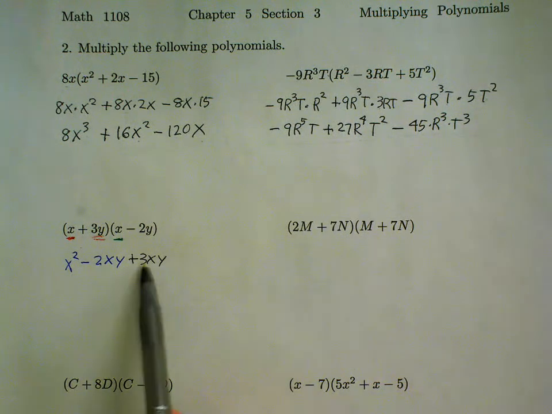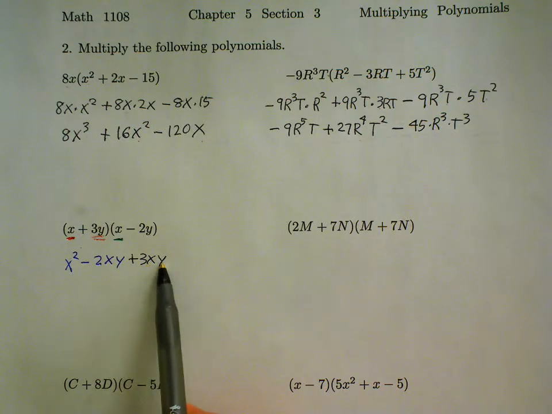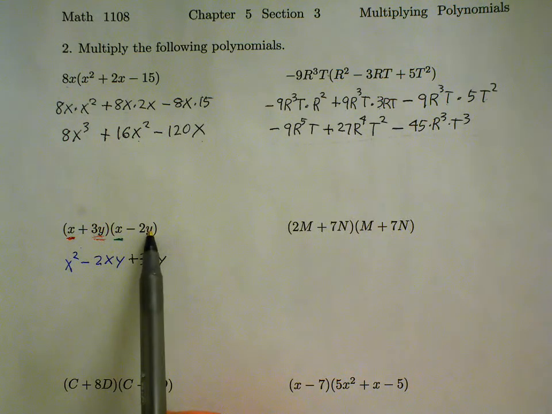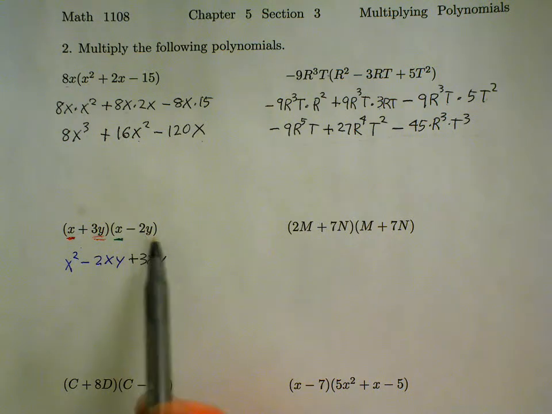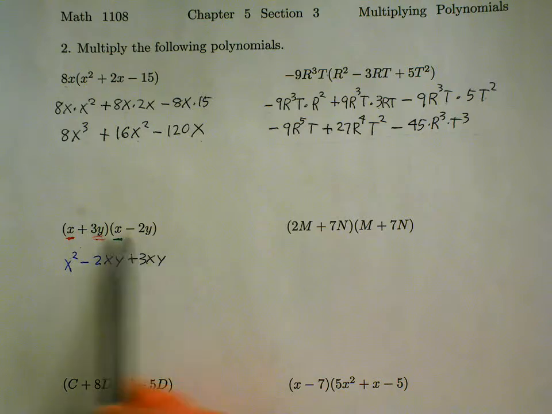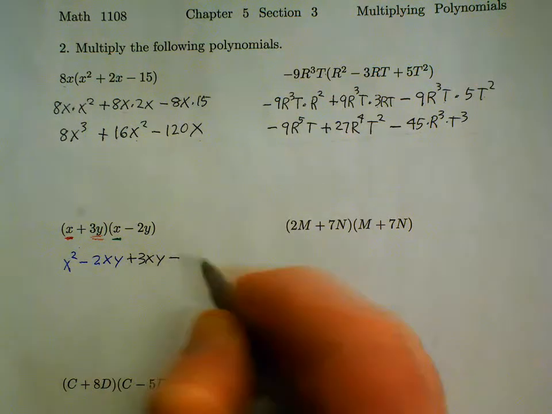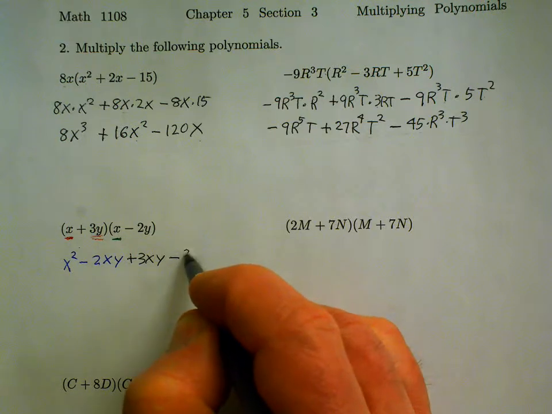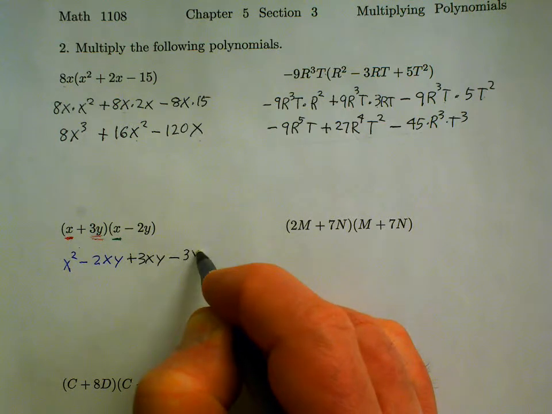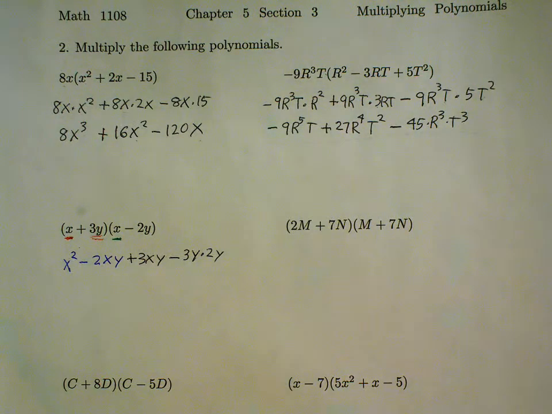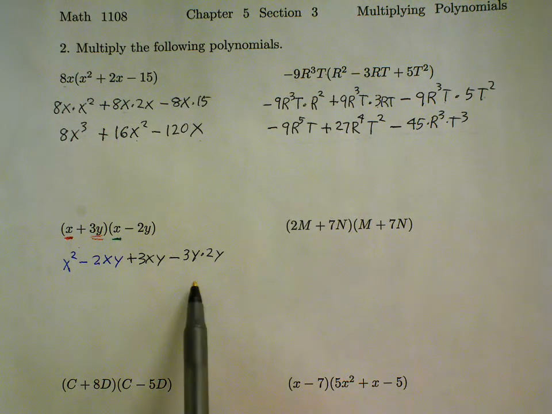You can write it as 3yx, but I'm writing it plus 3xy. And then we have to multiply 3y by the other term in the other binomial. So we can write minus 3y times 2y. So I'll go ahead and write it in a little bit of detail, minus 3y times 2y. And then we simplify further.